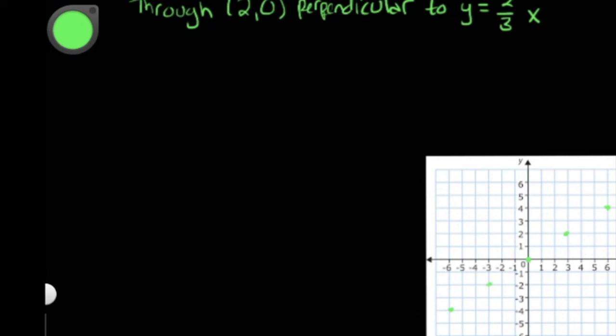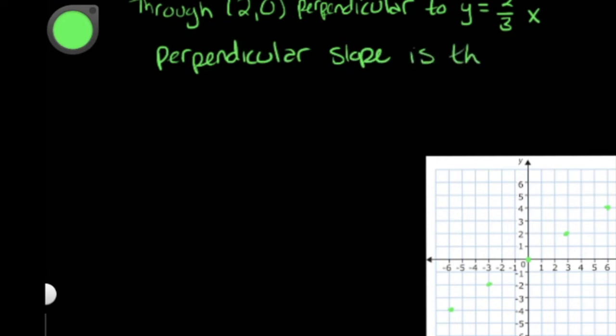So now perpendicular are going to be lines that cross, right? Parallel, they run beside each other and never cross, but perpendicular is the opposite. So a perpendicular slope is the negative reciprocal.